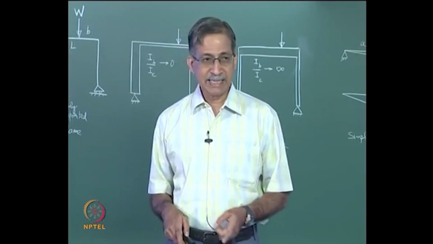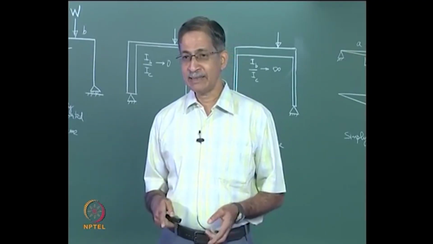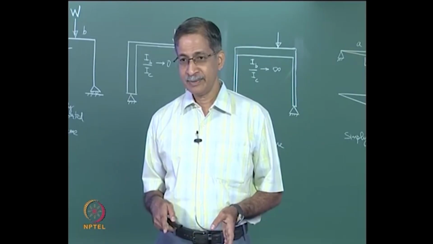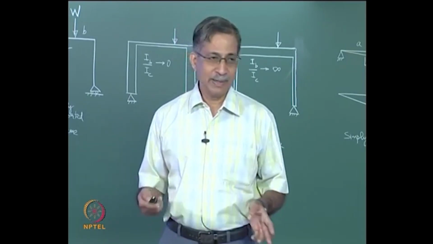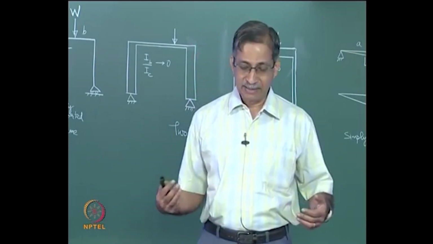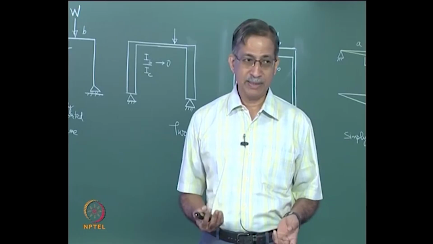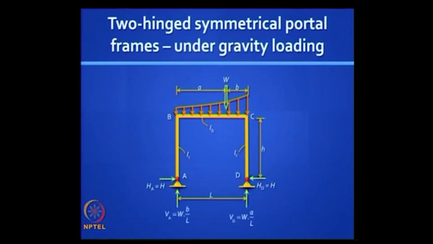What is the degree of static indeterminacy in this beam? 1. Is it internally or externally determinate? Either way, you can treat it as externally indeterminate by taking that horizontal reaction to be redundant, or you could take maybe the bending moment at the junction of the beam and column as a redundant.